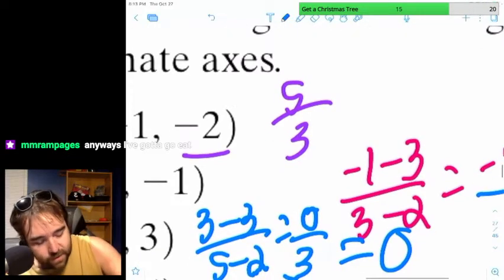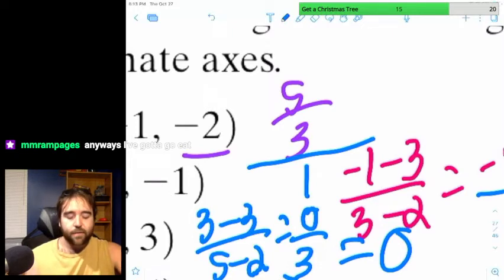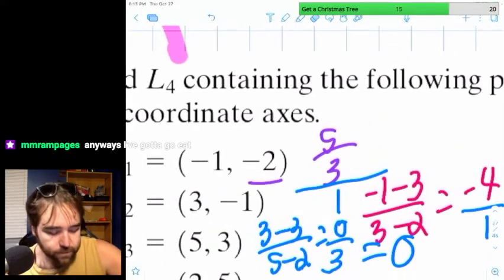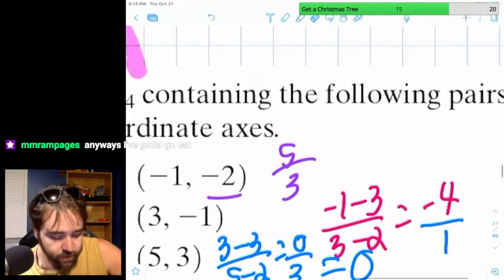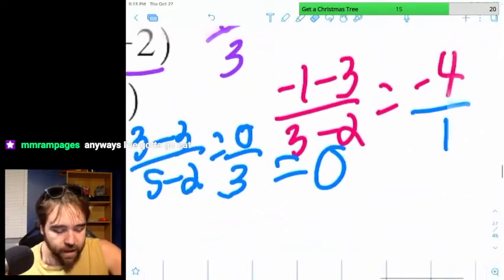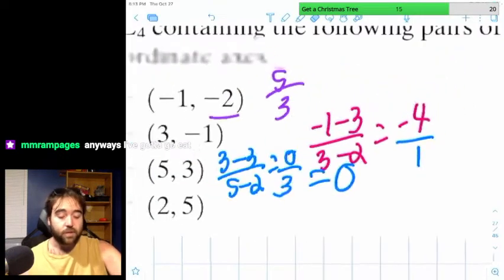But it's also totally fair to say that y goes up by 5/3 when x goes up by 1. Because that's always what the slope is. The slope is how much the y changes. So the y changes by 5/3 when x changes by 1. And so here, when the x changes by 1, the y changes by 0.